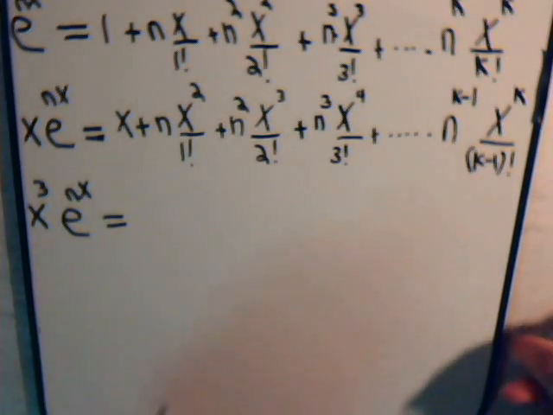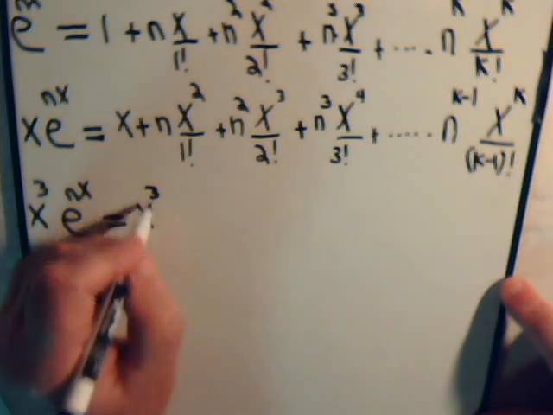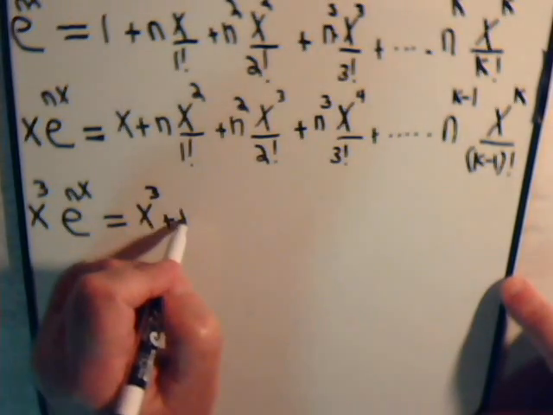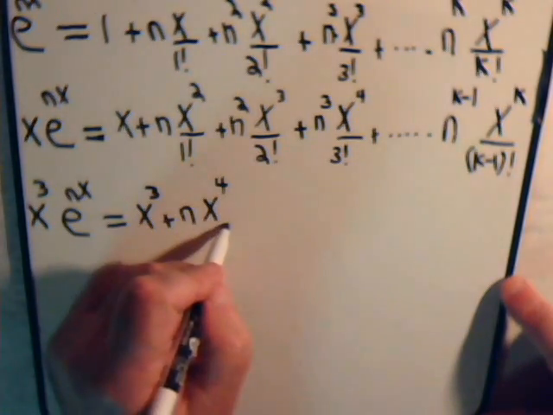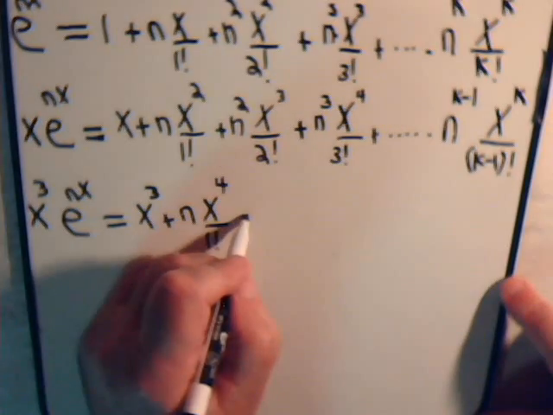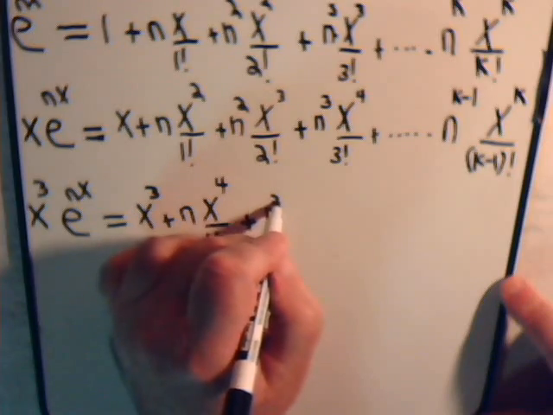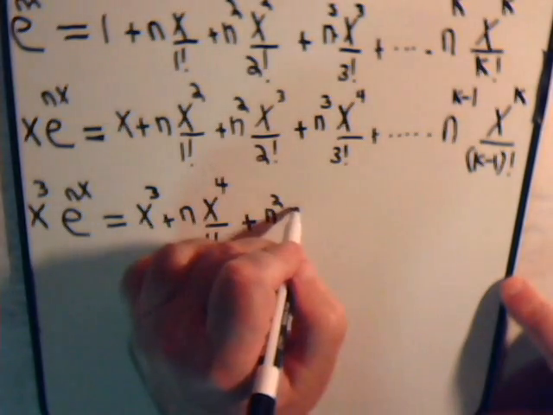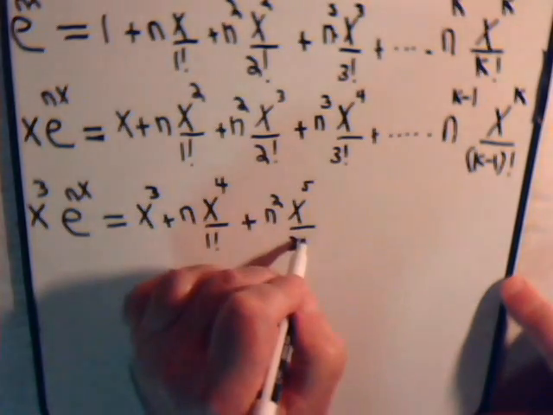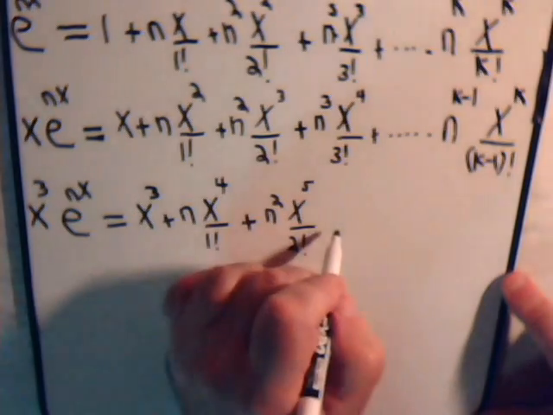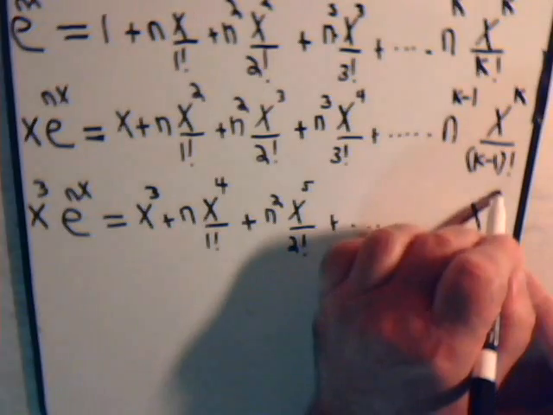So the first term would be x squared times x, or x cubed, plus n, this is now x to the 4th, divided by 1 factorial, plus n squared, this would now be x to the 5th, divided by 2 factorial, and we go on like this. Here we eventually have x to the k.